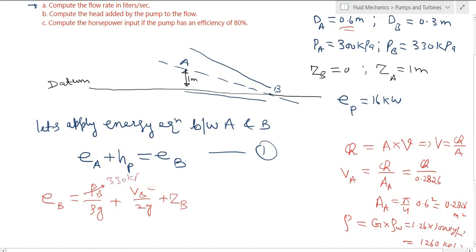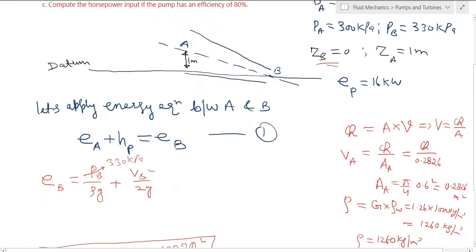Now VB, let me solve it later. ZB is 0, right? So this term will cut because it's 0.